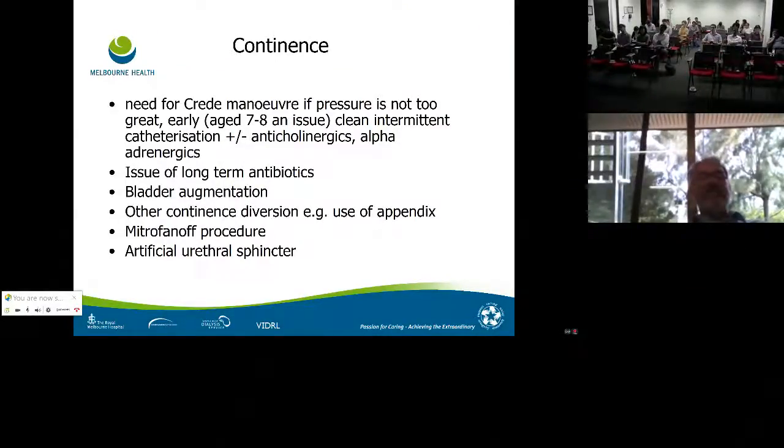Make sure that if you're doing a Credé manoeuvre that pressure is not too great, causing hydronephrosis. There's the issue of long-term antibiotics in this group, as with spinal patients, because the bladder has poor compliance.